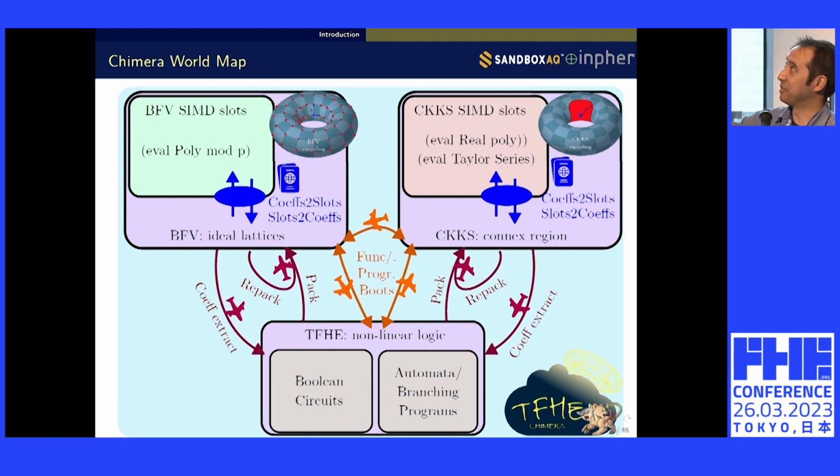This kind of operation is absolutely nonlinear, so it will be the domain of the functional bootstrapping to convert any 6 modulo 7 into 2 and the other into another score. And then this functional bootstrapping will bring me to the CKKS world where I will be able to add my floating point score.